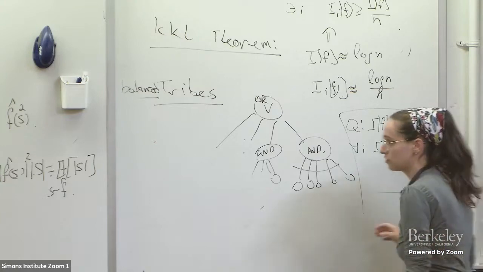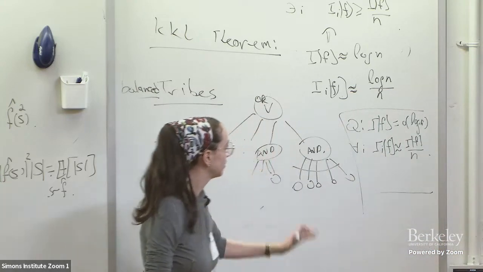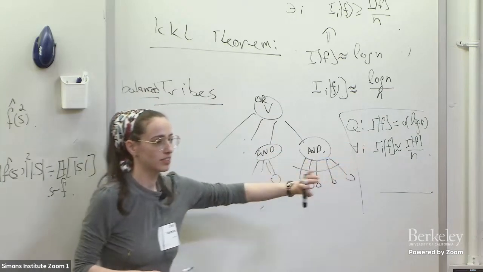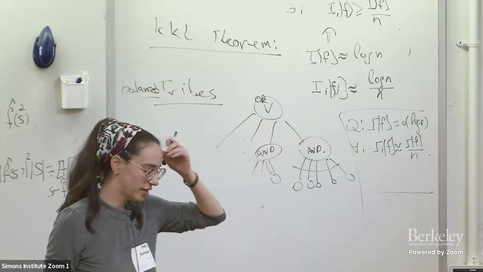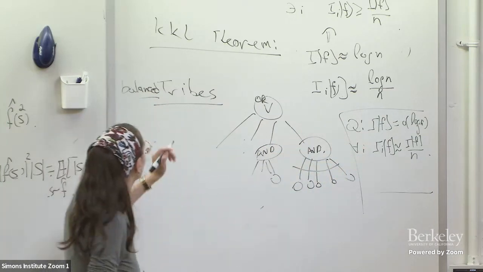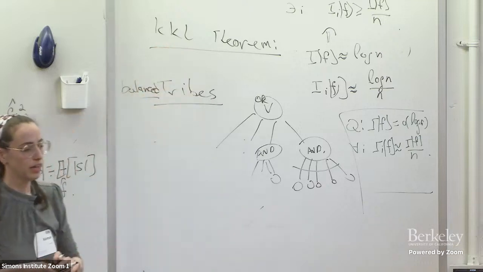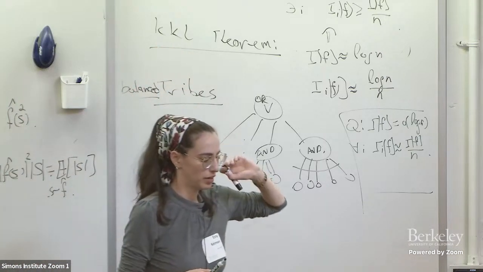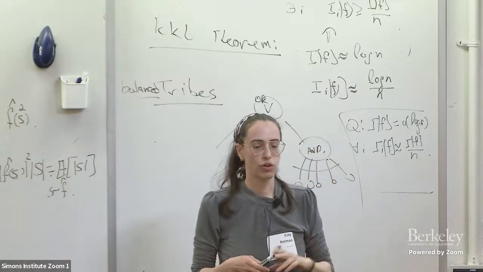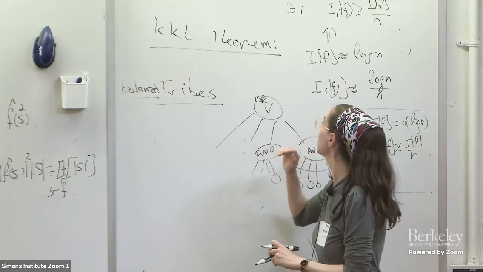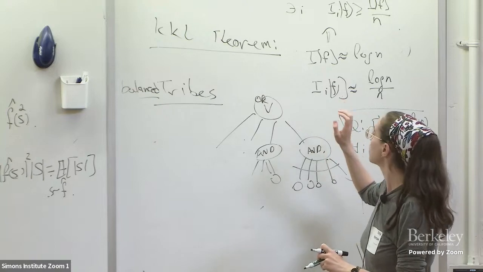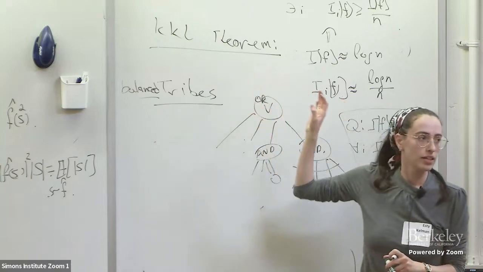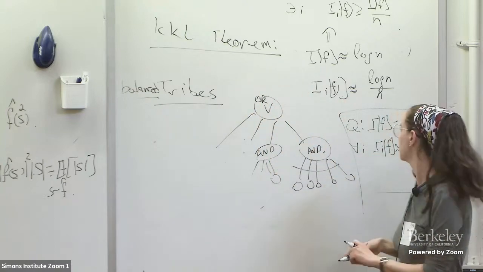And they tried to use combinatorial tools to find some function like this, and they didn't find one. And then came Kahn, Kalai, and Linial, KKL. They were the first to use Fourier analysis to solve Boolean function questions. And they showed that this is actually not possible.